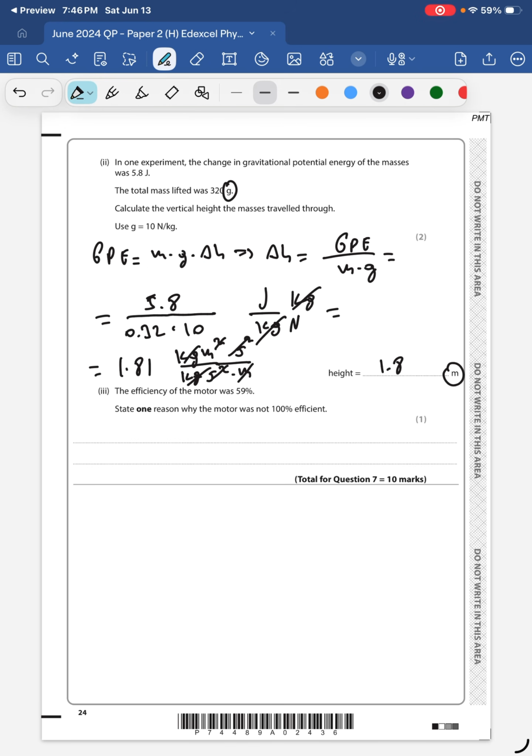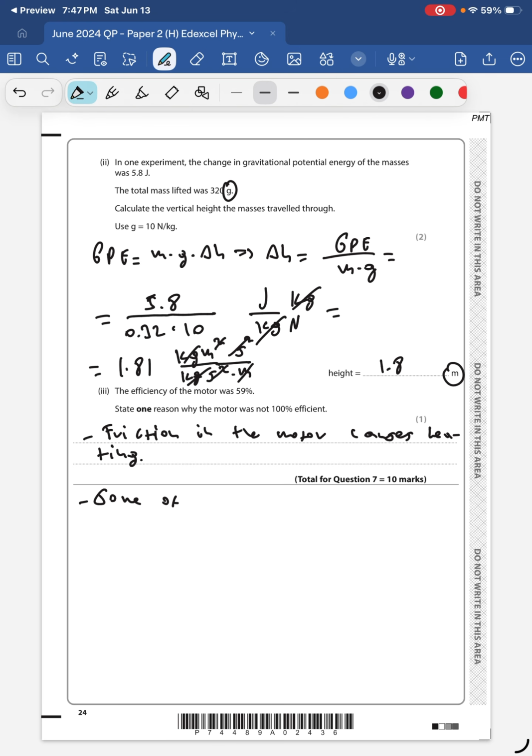So, okay. Part 3, the efficiency of the motor was 59%. State one reason why the motor was not 100% efficient. Okay. So, friction in the motor causes heating. Okay, that's one reason.